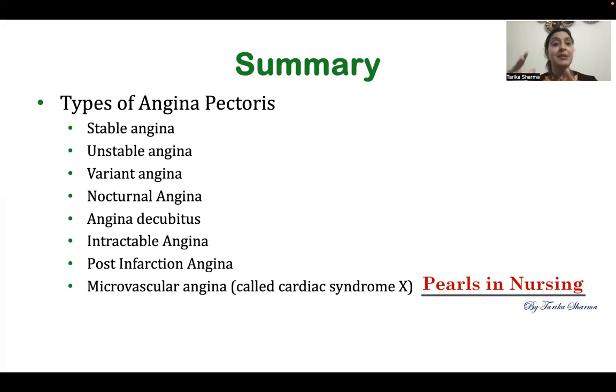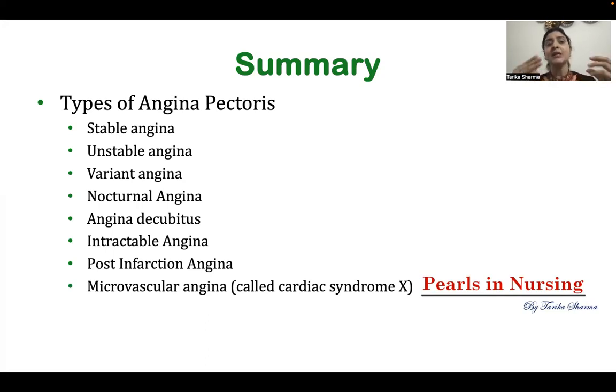Then we have unstable angina, when the person has pain even at rest, and the pain is of longer duration as compared to stable angina. Then we have variant angina, also known as Prinzmetal angina, where irrespective of whether the person has atherosclerosis or atheroma, the person has spasm of the coronary arteries leading to variant angina.